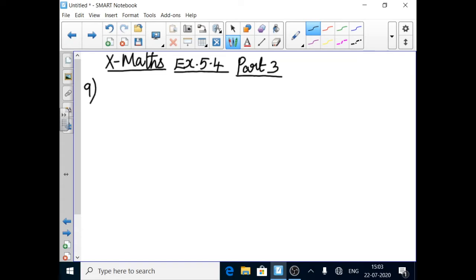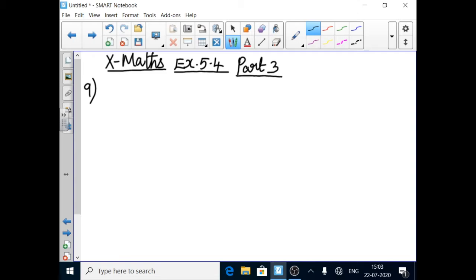The 9th one: find the equation of the straight line through the intersection of the lines. Point of intersection means you have to solve the equations and find the common point. Solving the two given equations using algebra, you will get the point of intersection.